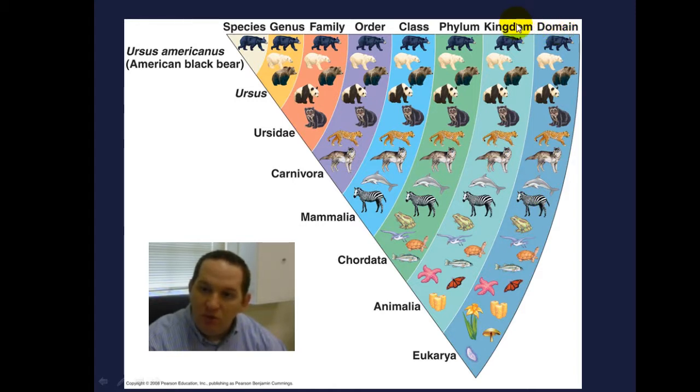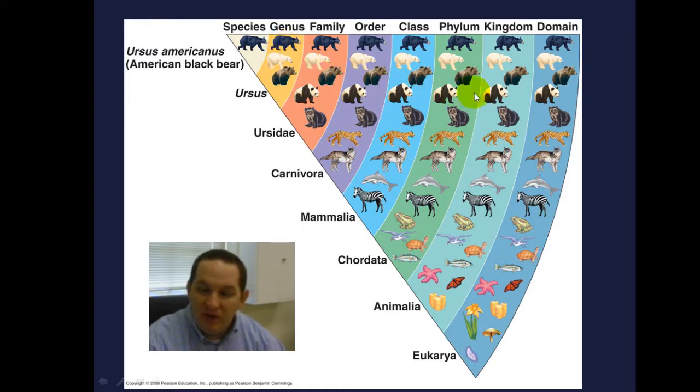Then as we move further in, it gets more specific. What kingdom is the black bear in? It's in kingdom Animalia. So notice we have removed the plant, the fungus, and the protist. Then we get a little more specific into the chordates, the phylum. Mammals, the bear is a mammal. It's carnivorous.